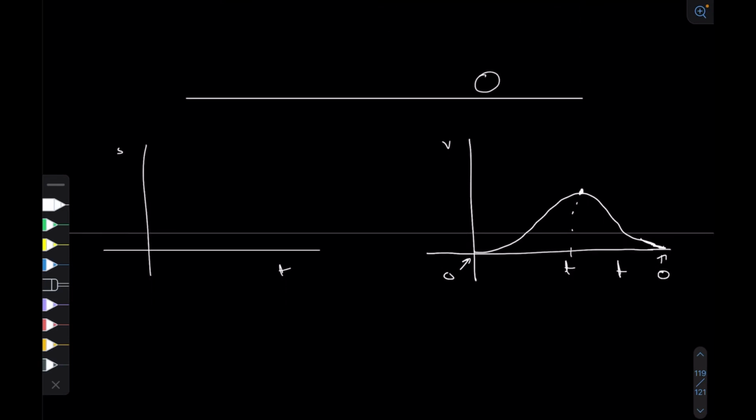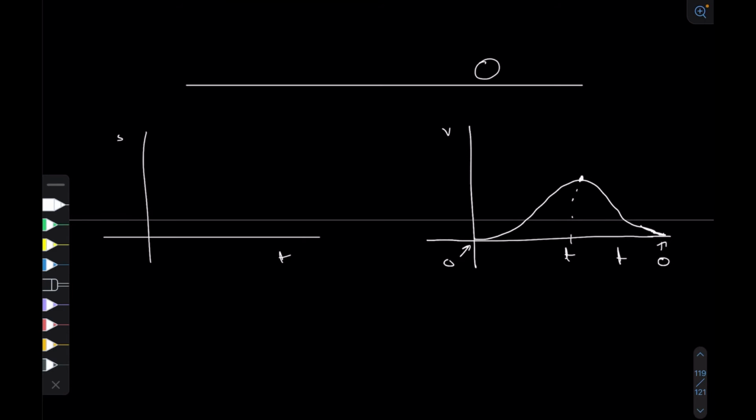So this makes sense that its velocity time graph would look something like this. Let's come over to the displacement time graph. Initially, since velocity is very small, and velocity being small means there is less change in y over change in x, for this much horizontal change there is less vertical change. So initially it is a flatter line, starting out with something like this.